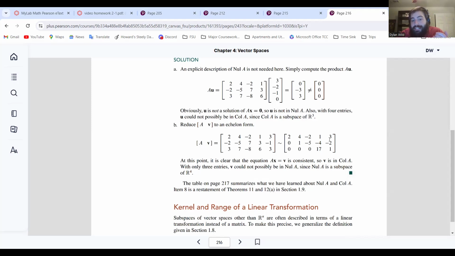And because we have a consistent solution to our row reduced setup here, it's a match made in heaven, really. We can conclude that it's in the column space.